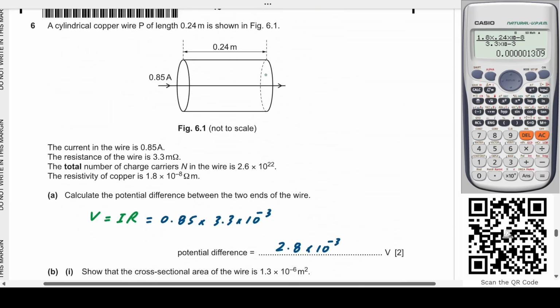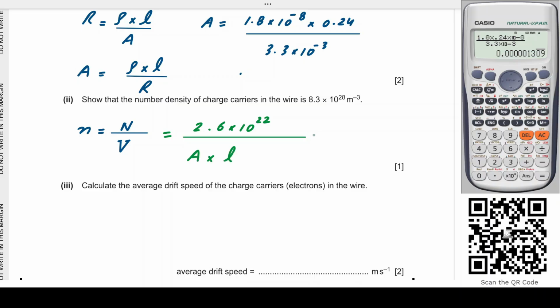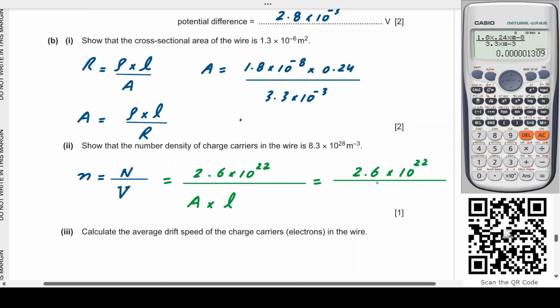Do we have the volume directly? No, but we know for a cylinder the volume equals to the base area times the length. So base area of this cylindrical wire is cross section area, you can say base area, and the length was 0.24.